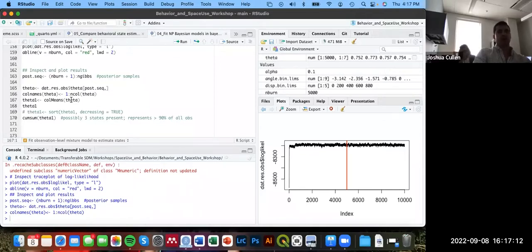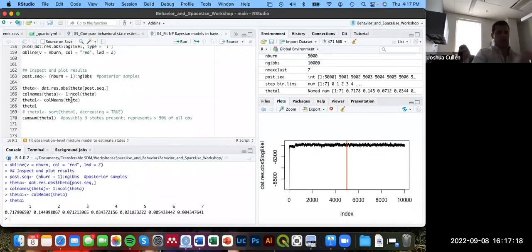So what's the average probability of being in each state across all observations? If we look at this printed output, state 1, this first column, represents about 72% of all observations. State 2 represents about 15%, state 3, 7%, and so on. Whereas these last states don't represent much, if anything.